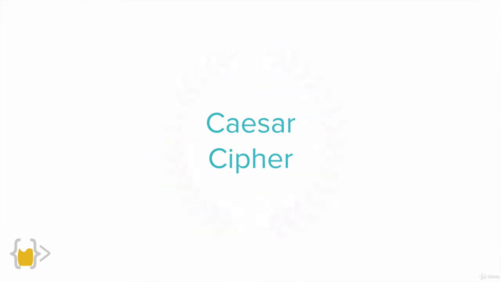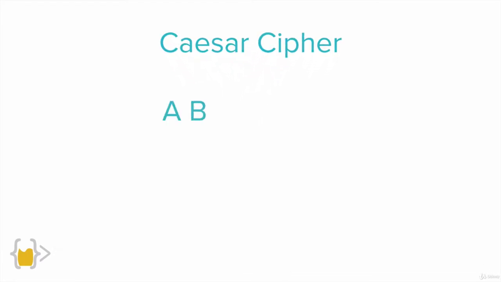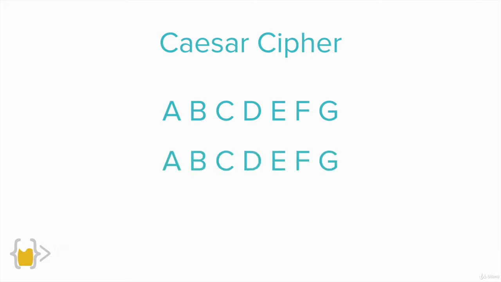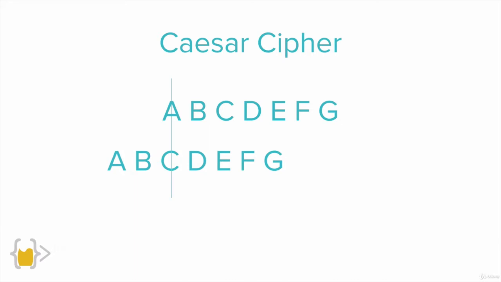And this is one of the simplest forms of encryption we know about. And it's very simple. Let's say we have the alphabet, right? A, B, C, D, E, F, G. All that the Caesar cipher does, it's a letter substitution cipher. And the key for the cipher is the number of letters that you would shift by. So if you knew what the shift pattern was, then you could really quickly decipher the message.